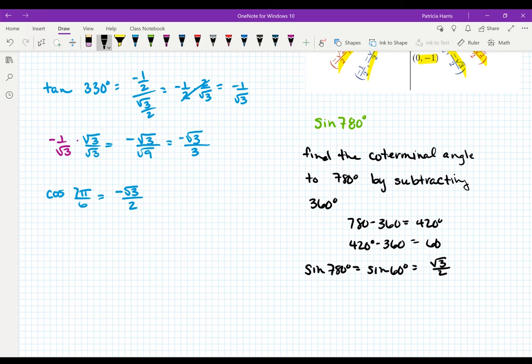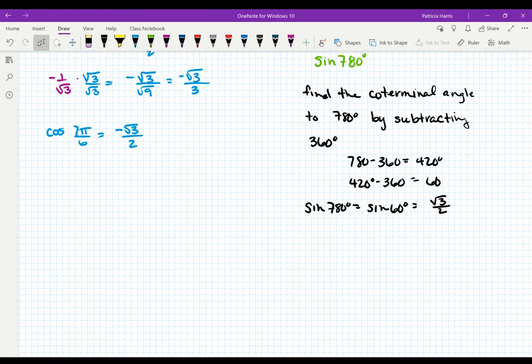Now, the same thing works for negatives, okay? So let's say you were asked to find cosine of negative 150. Okay, so that's not on the unit circle. So what you would do is find your coterminal angle to negative 150 by adding 360.